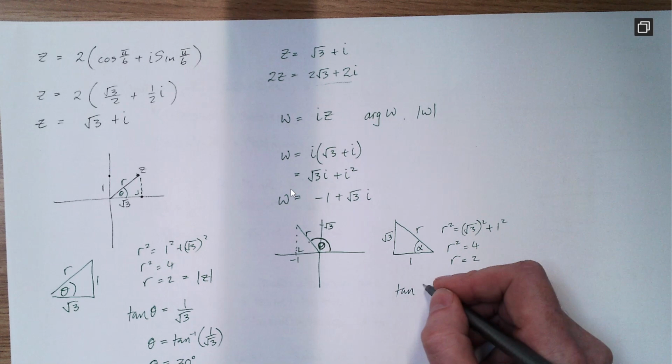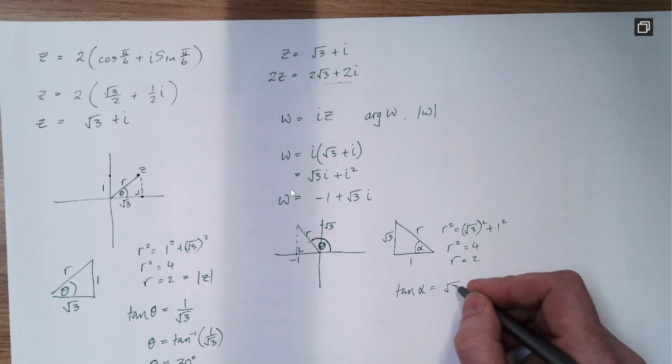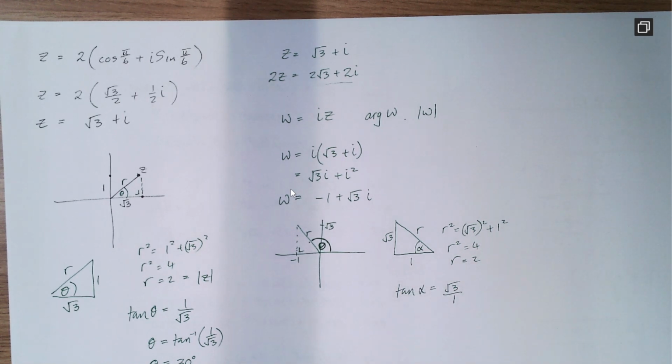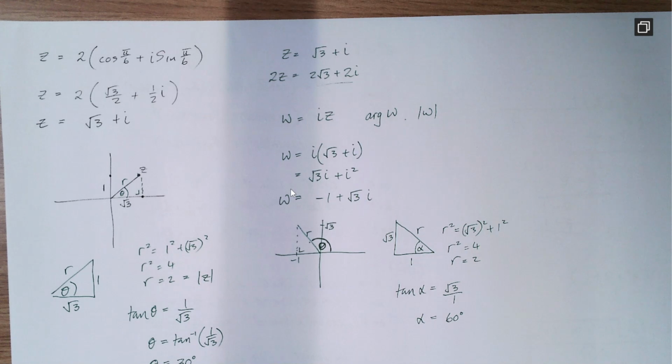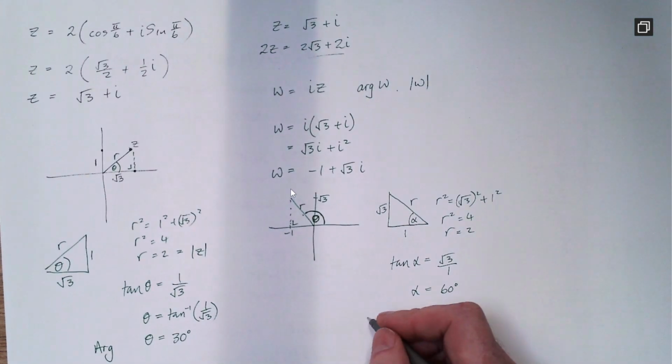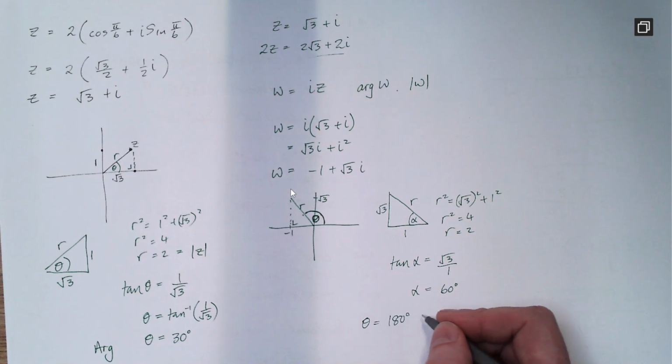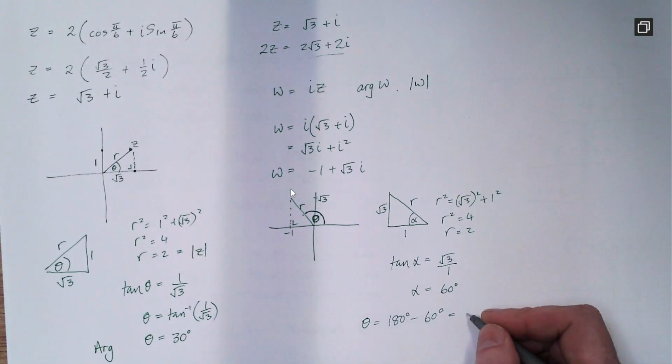Tan alpha equals square root 3 over 1, so alpha is 60 degrees. Therefore theta is 180 degrees minus 60 degrees, which is 120 degrees.